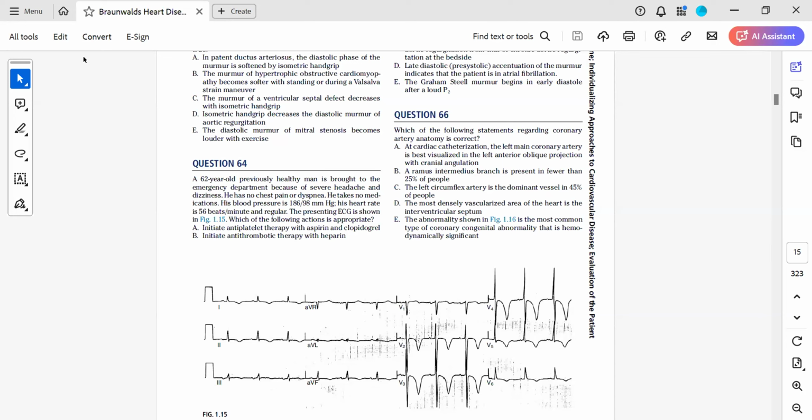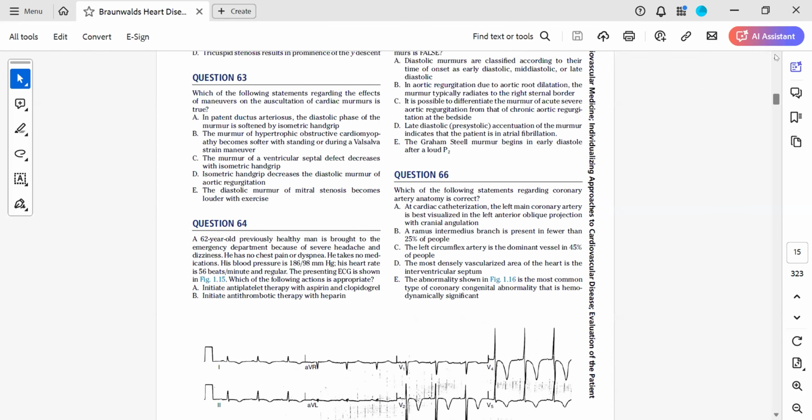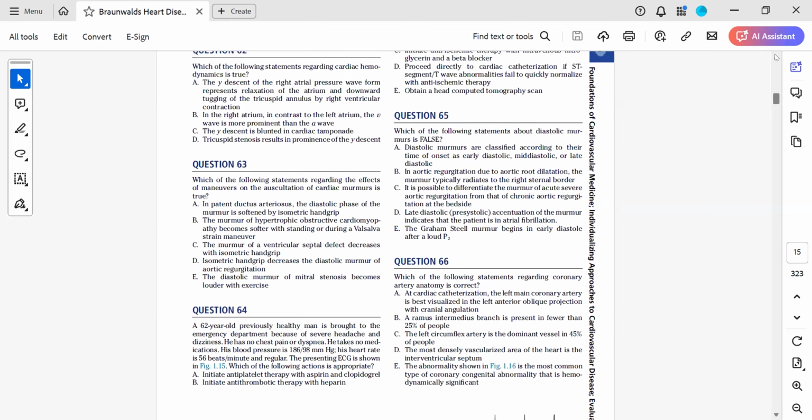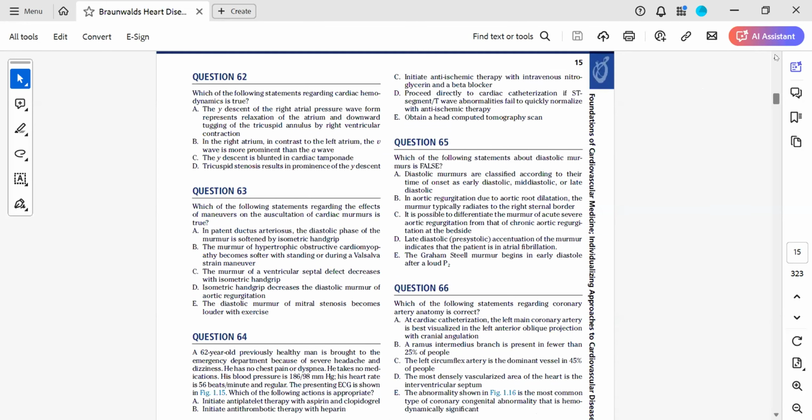Okay, thanks for the contribution. So which of the following actions is appropriate? A, initiate antiplatelet therapy with aspirin and clopidogrel. B, initiate antithrombotic therapy with heparin. C, initiate anti-ischemic therapy with intravenous nitroglycerin and beta blocker.